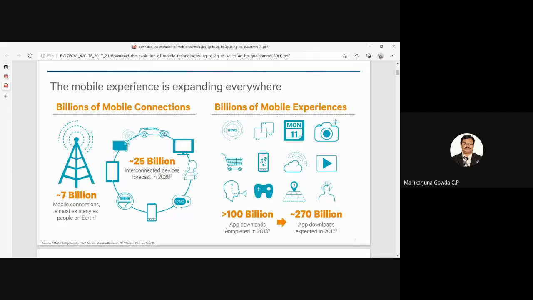What I wanted to say is mobile experience is expanding everywhere. Instead of expanding everywhere, I can say expanded everywhere, right?